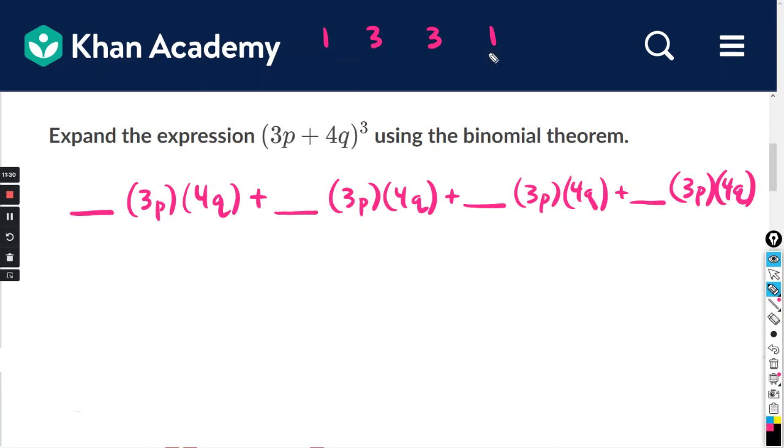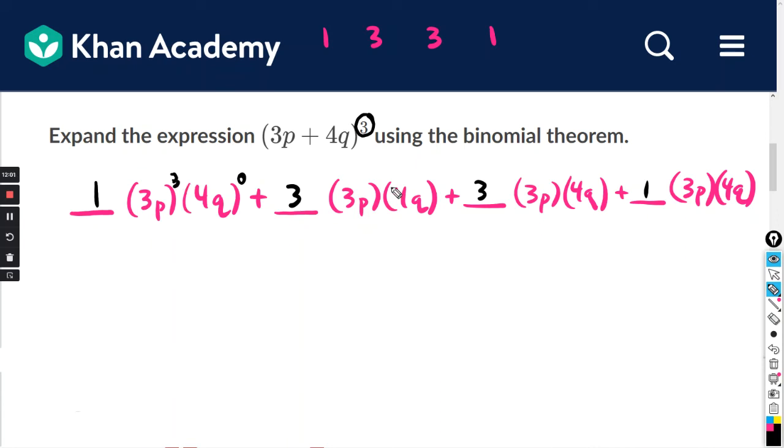So let's put the coefficients in the blank spaces. We have 1, then 3, then 3, and then 1. Okay, and we're going to do our exponents. So the exponent here is 3. So we start with an exponent of 3 right here. And this is a 0 right here. Remember, the exponents have to add to 3. Now on the 3p, I'm just going to count down for the exponents.